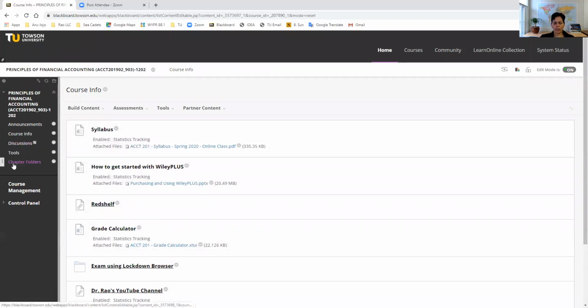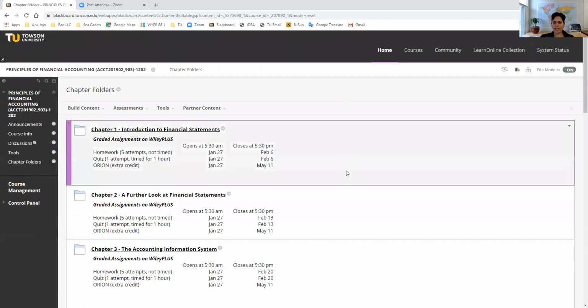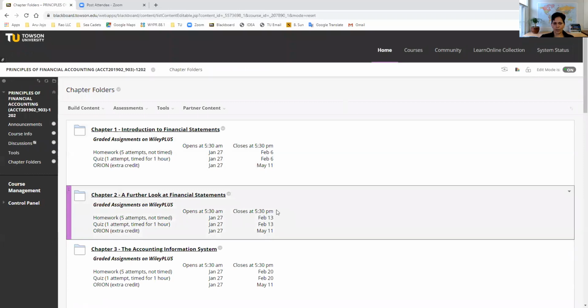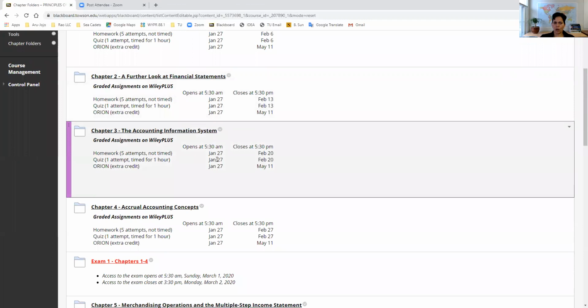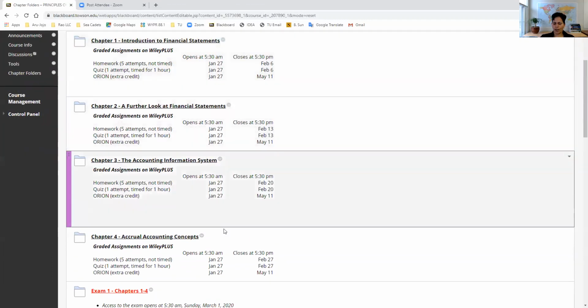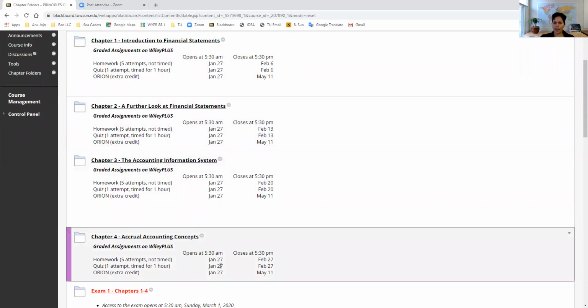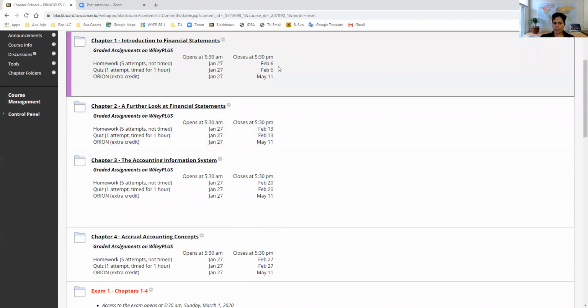Now let's go down to chapter folders. Chapter folders, basically the 11 chapters you're going to be doing this semester, I have everything organized in folders. Now what you will notice is chapters 1 through 4, they all open on Monday morning at 5:30 a.m. They close at different times, okay?